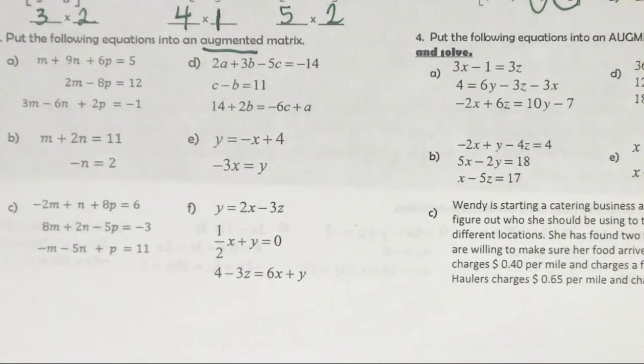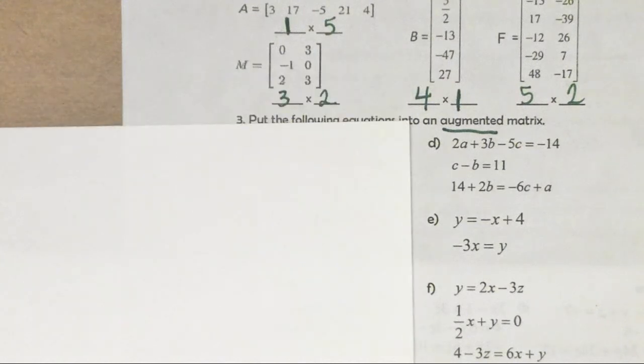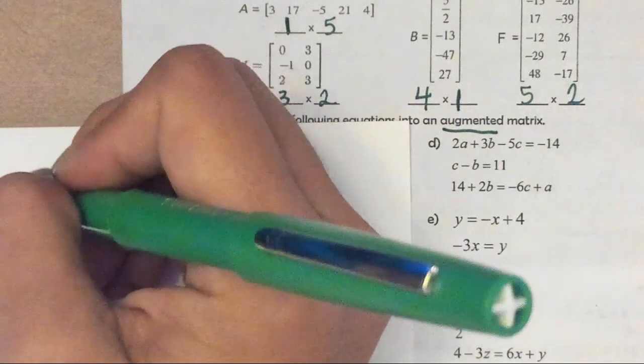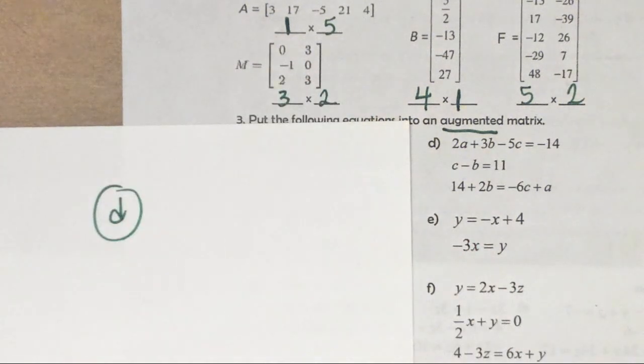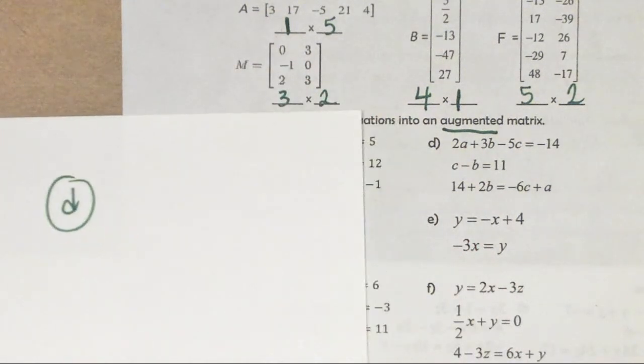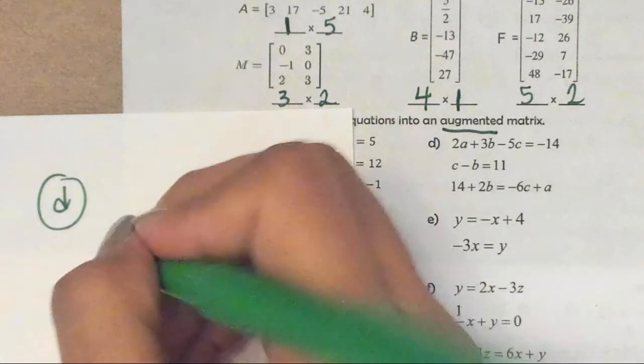Alright, so let's look at letter D. I'm going to go on this side. Okay, so letter D right here. So I have, let's see, 2A plus 3B and minus 5C. So I'm going to set up my matrix.